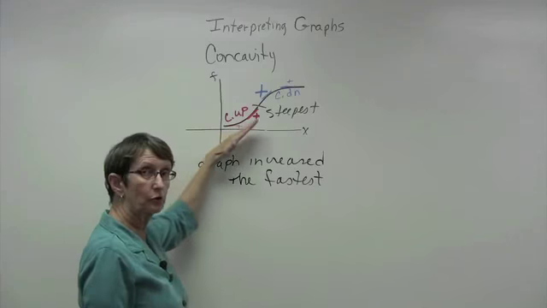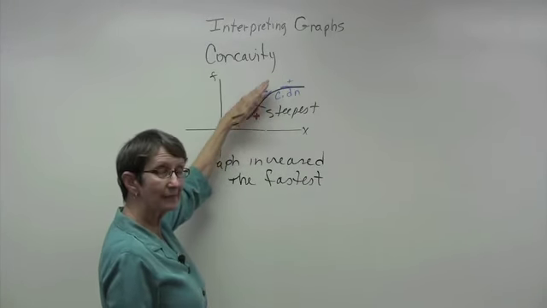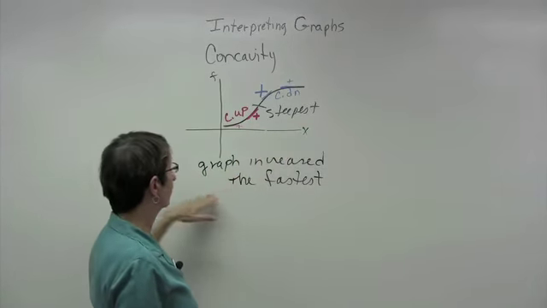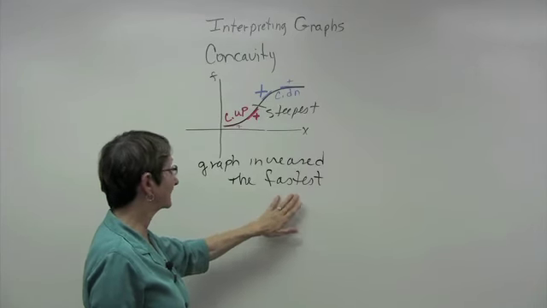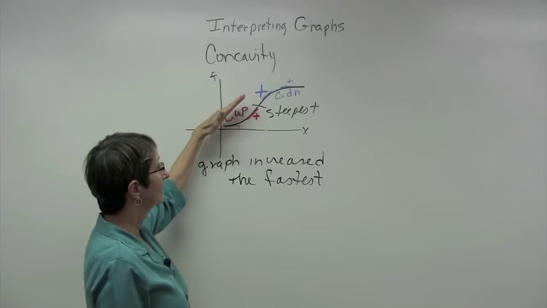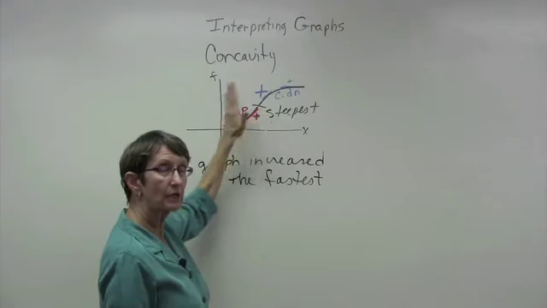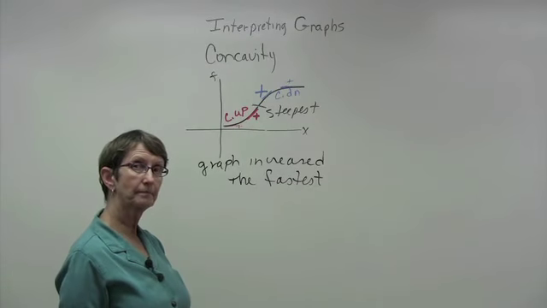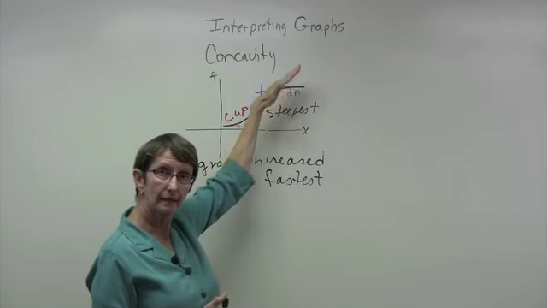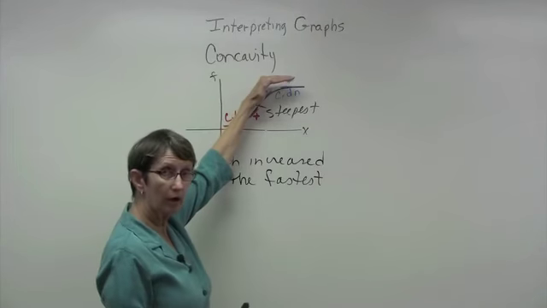The rates of change increased, but then as we passed the center point, it was not quite as steep, and the rates of change began to decrease. So this is the steepest part where the rates of change increase the fastest. The graph increases the fastest. It's the steepest, and that happens at the very change from concave up to concave down. Notice that the whole graph is increasing, but part of it cups up and the other part cups down.